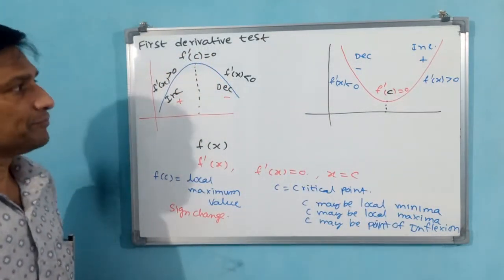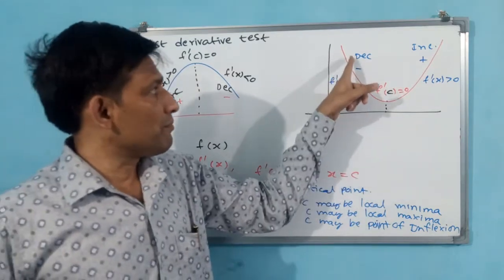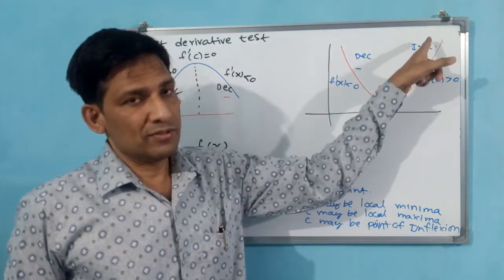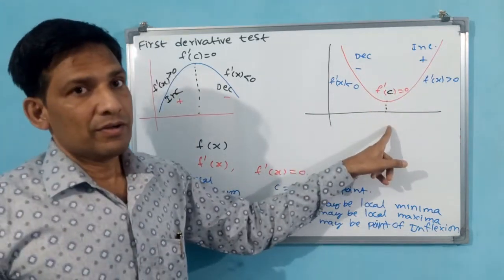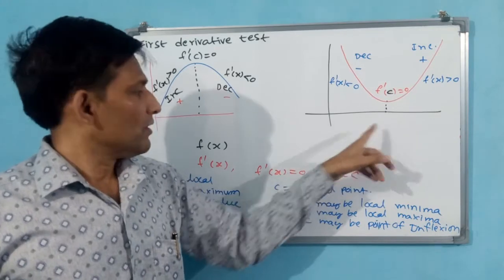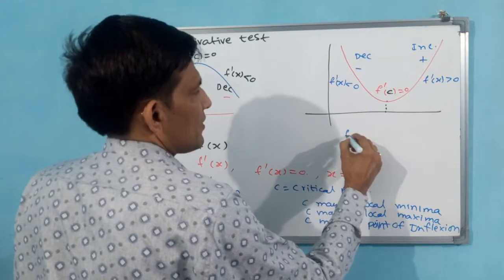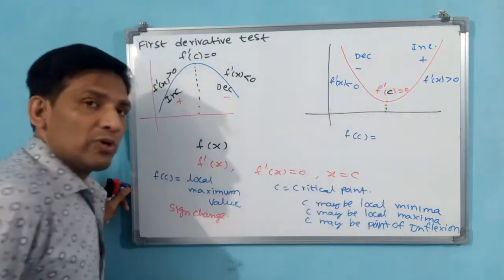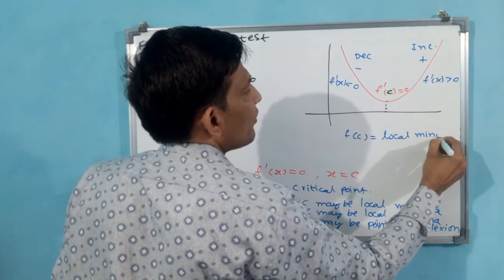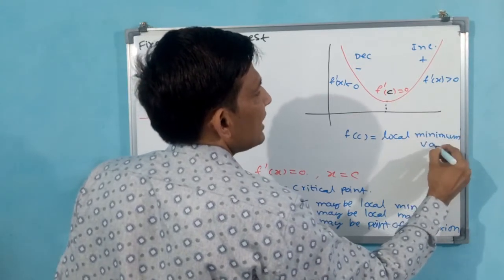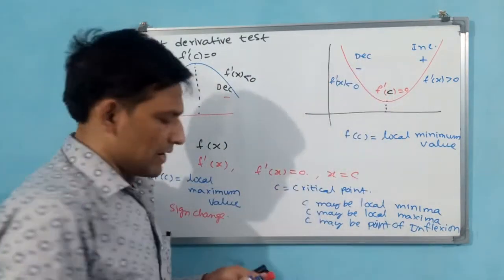Is it okay? See here, the sign change happened from negative to positive. At that critical point c, f of c is going to be called the local minimum value. Here local maximum value, here local minimum value.